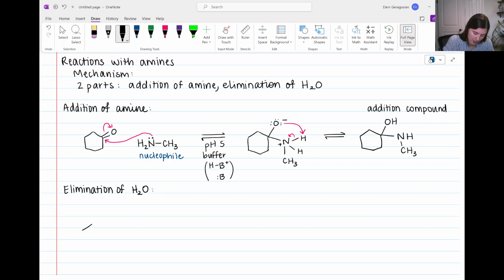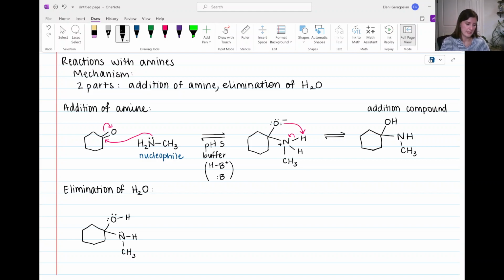So we have our addition compound. We have both an OH group and our now secondary amine. And we're going to eliminate water to create that final product.